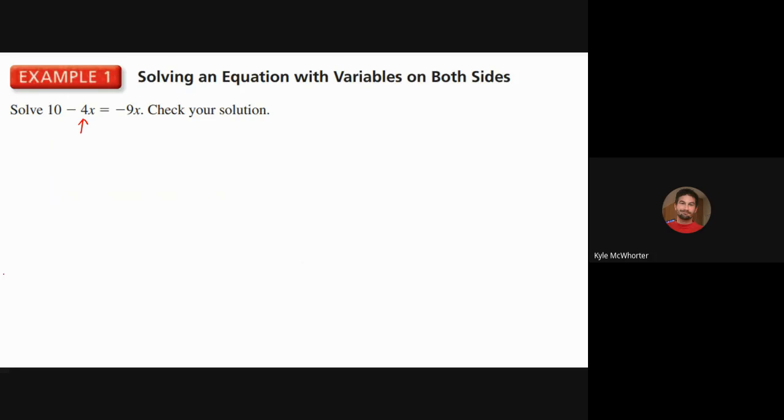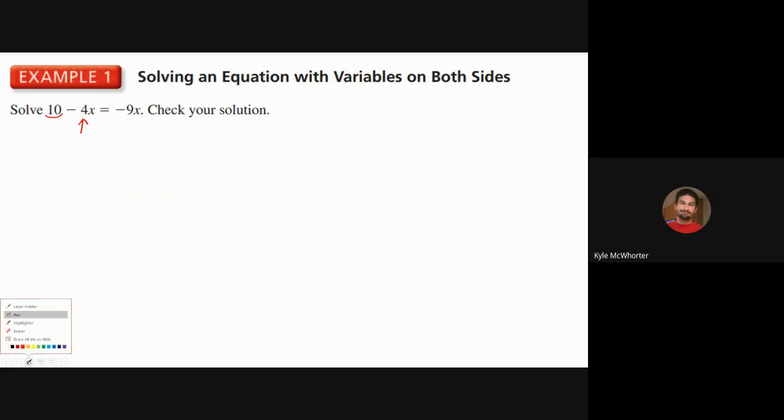Your goal is to end up with a variable on one side and just a number on the other side. So you kind of set yourself up to do more work if you get rid of the negative 9x, when it would probably be less work to get rid of the minus 4x, and then you would just have the 10 over here alone on that side.